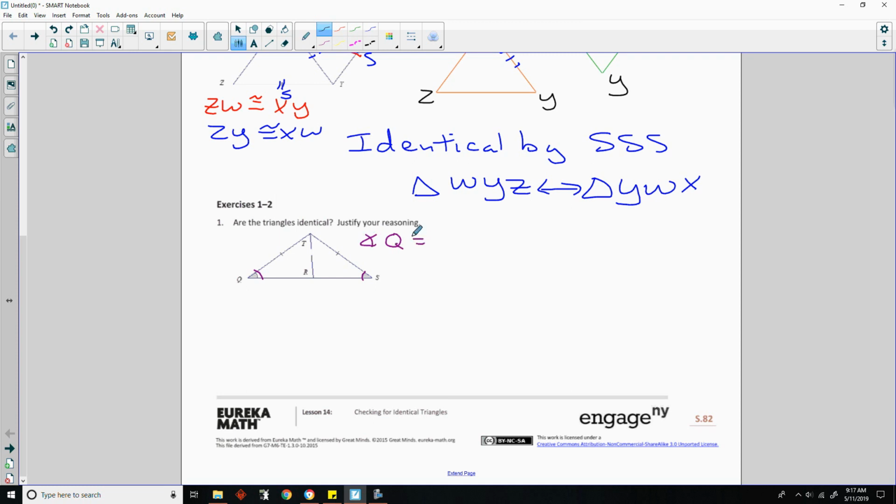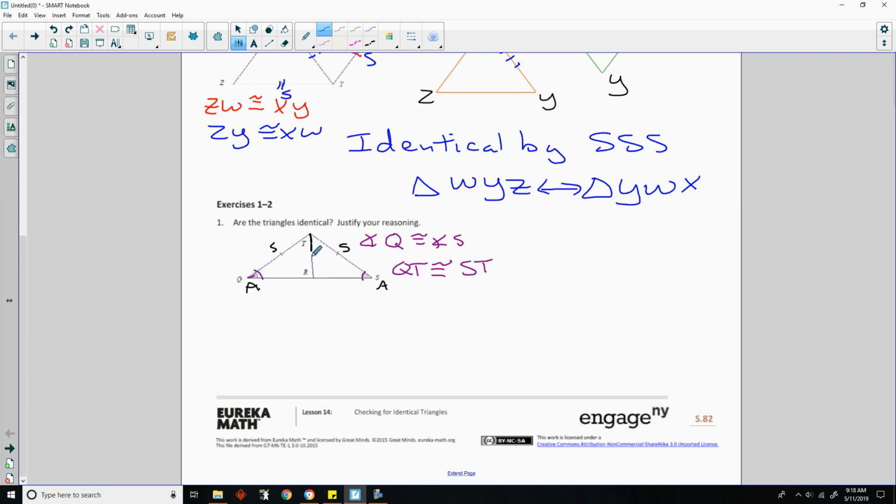Angle Q is congruent to angle S. QT, side QT, I'm going from the angle that's marked up, is congruent to ST. So that is a side. Let me change colors for my labeling. Use black. So this is an angle that is congruent to an angle. This is a side that's congruent to a side.